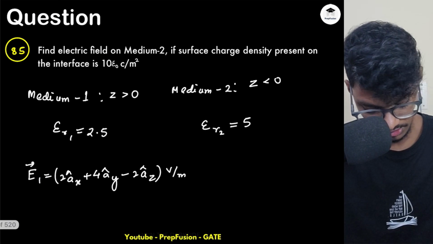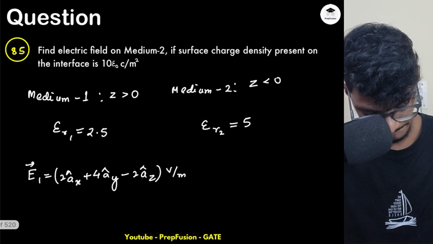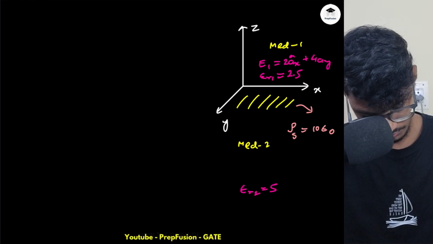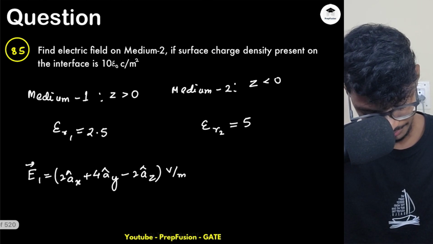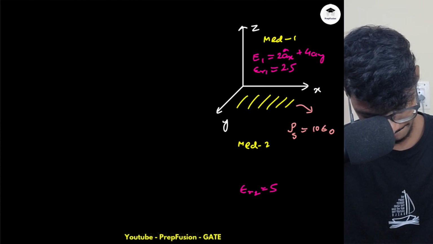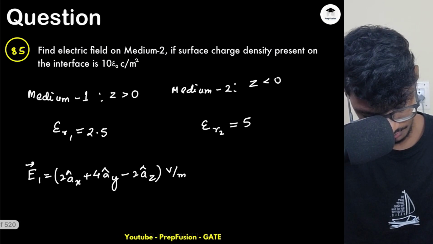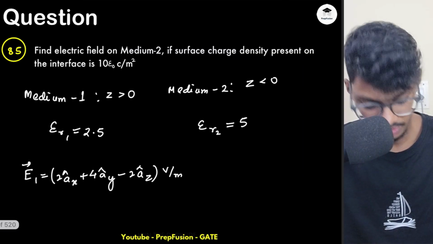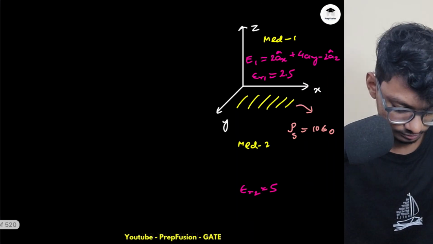And E1 is 2ax plus 4ay minus 2az. So this is my E1, and I have to find out the electric field in the medium 2.